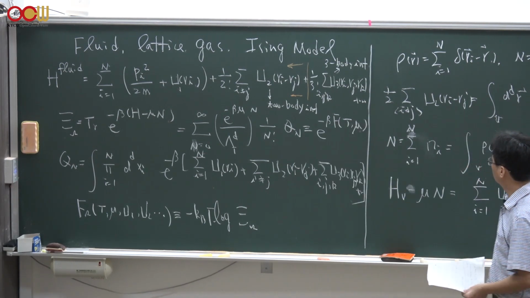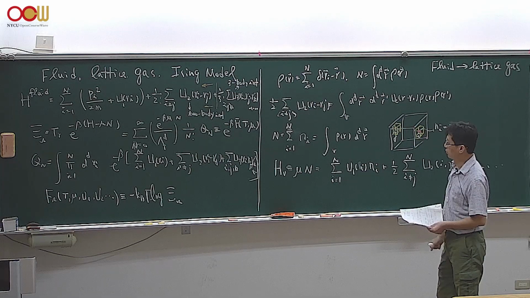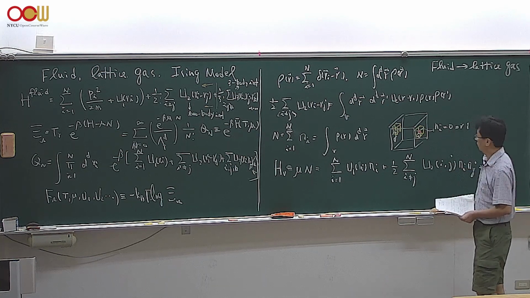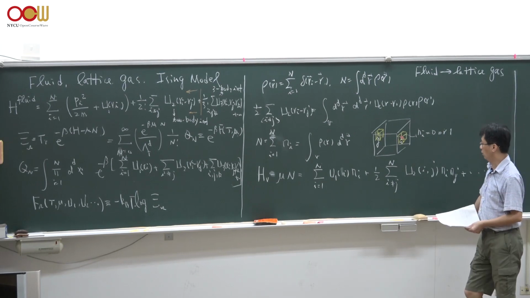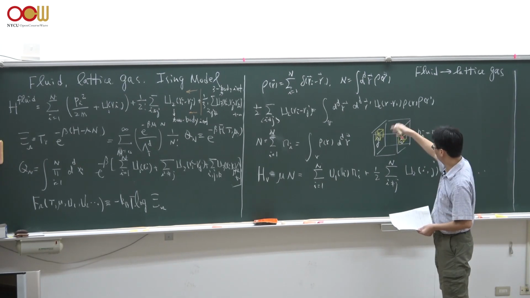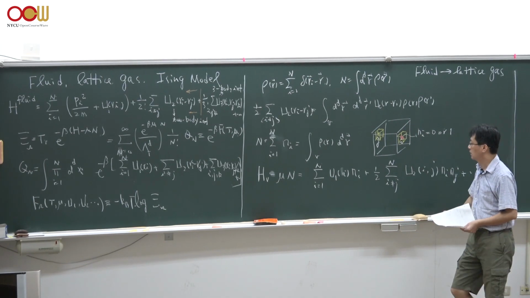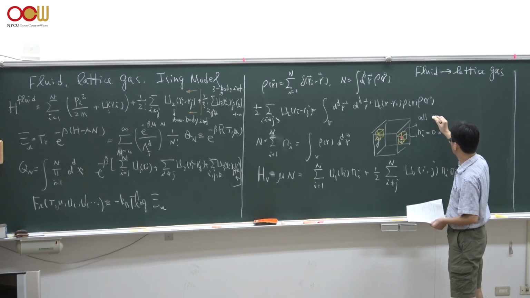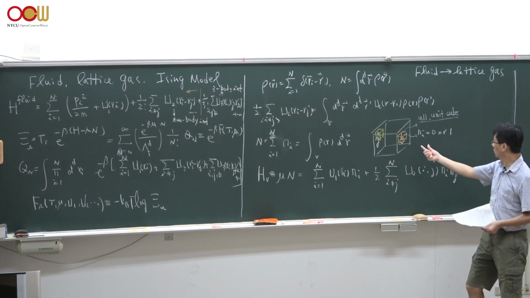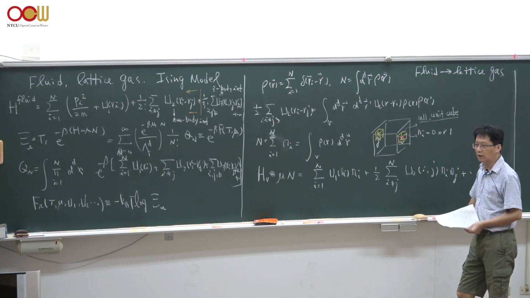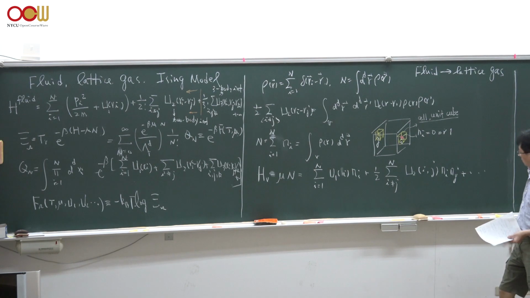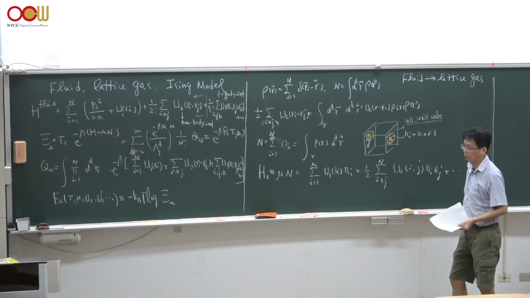Then we try to manipulate this fluid Hamiltonian to map this system onto a so-called lattice gas problem, where you could just mesh the volume of your fluid into equally partitioned little cells or little unit cubes. Within each unit cell, there's at most one particle, or there's no particle there.